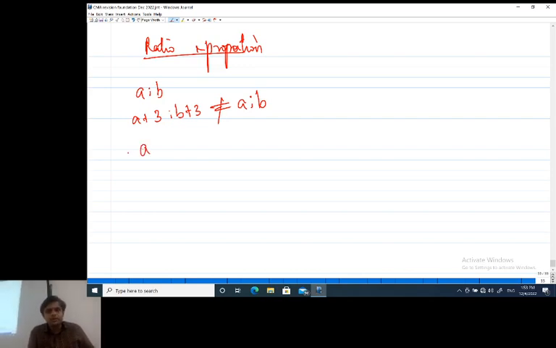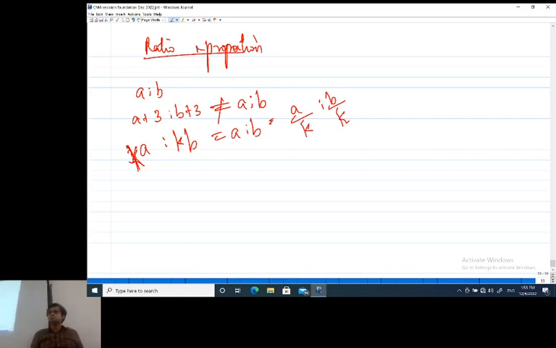But when you multiply or divide a ratio with a constant, the ratio will be maintained.